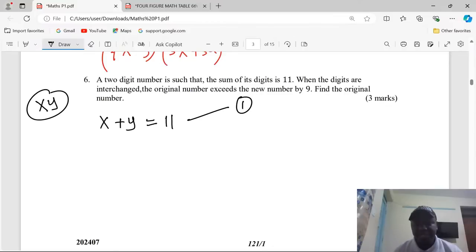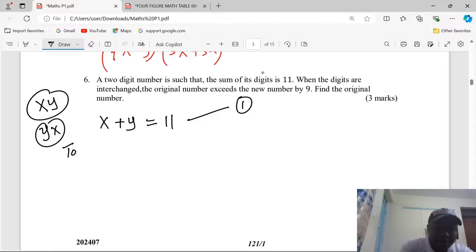When we continue interpreting, you discover that when the digits are interchanged, it becomes yx. Now, the value of this number differs from what it was initially, because we are told the original number exceeds the new number by 9. So we can look at the total value of the new number.